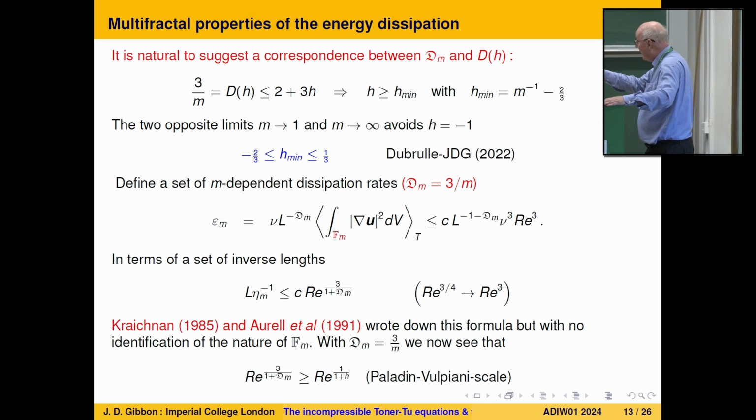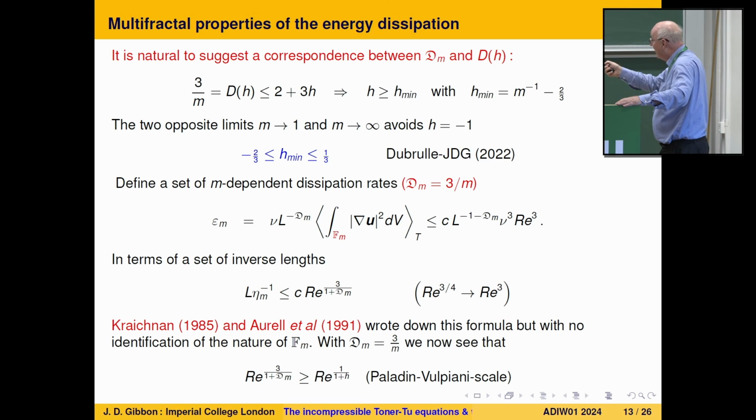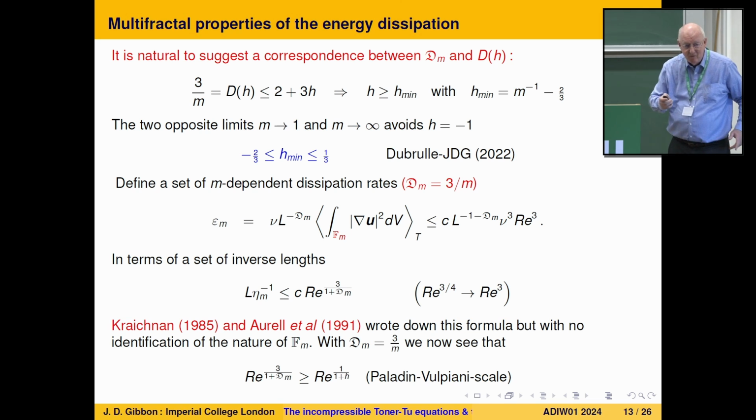So I'm going to say, right, well, this dH of the multifractal model, which is bounded by that, I'm going to say is equal to the 3 over m, the curly d, which gives me an inequality relation between m and h. And h min is now this m minus 1 over 2/3. So when you look at m is 1, of course it gives you exactly a third, which is k41.